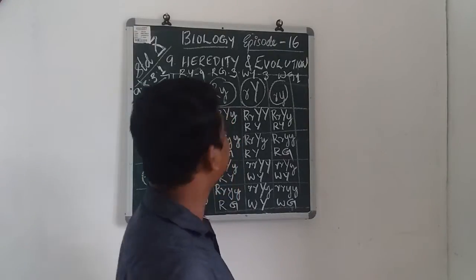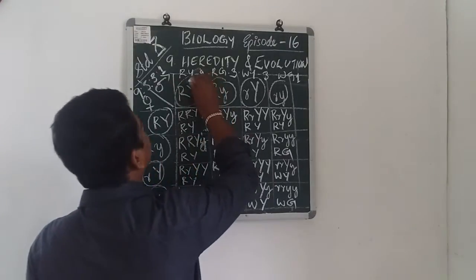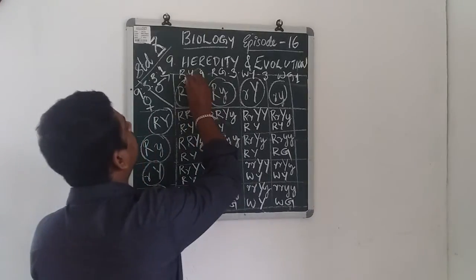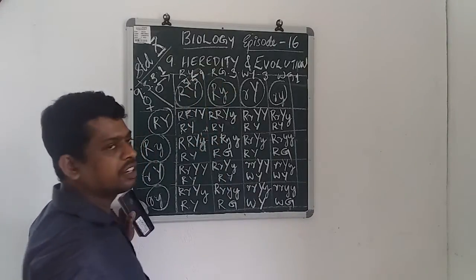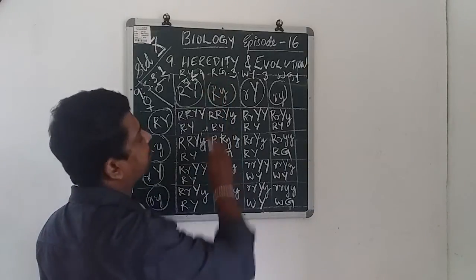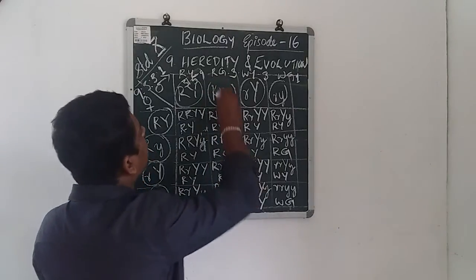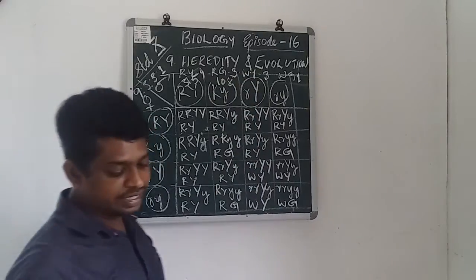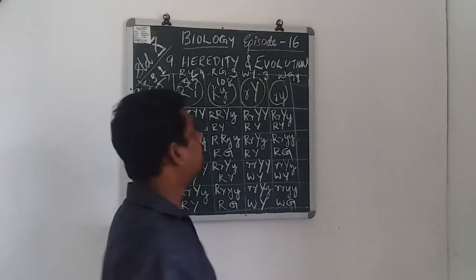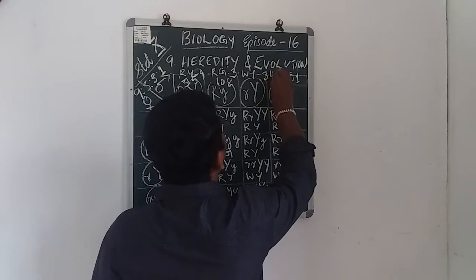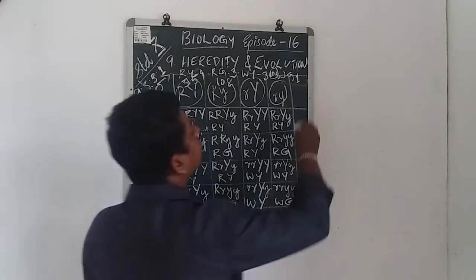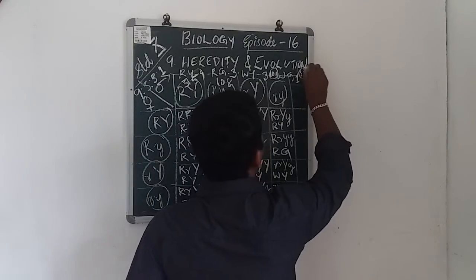108 round green. And round green are 108, and wrinkled yellow are 101, and wrinkled greens are 32.